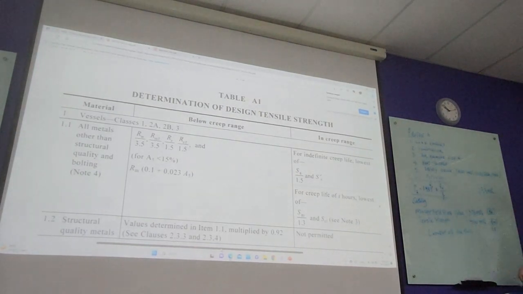Re over 1.5. Okay. So what value do we use? The lowest of the two. So what's the value? 131. Very good. 131.1 megapascal, very close to 133, right? This is how we manage to find out the design strength.